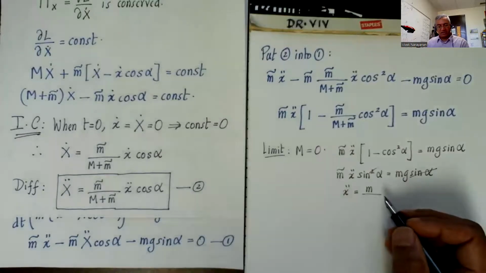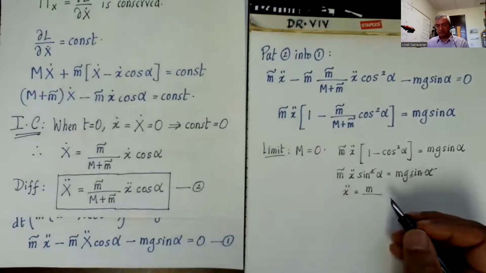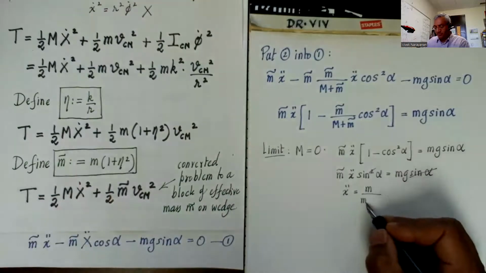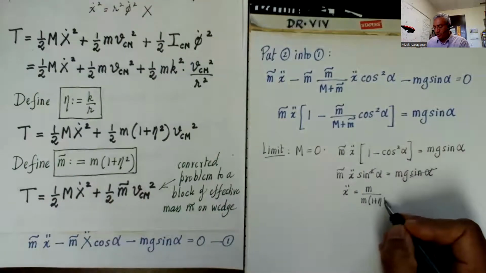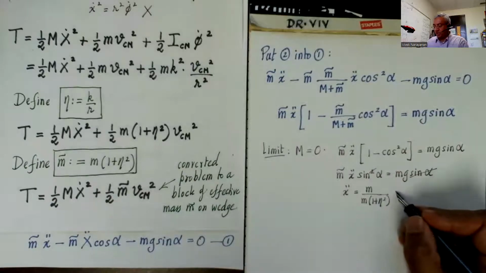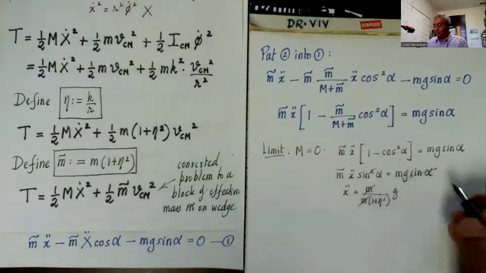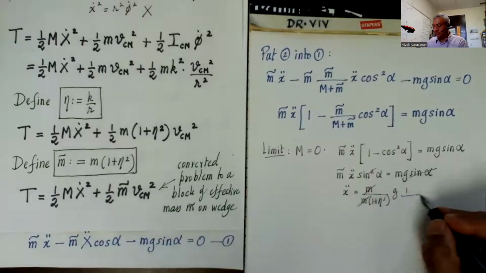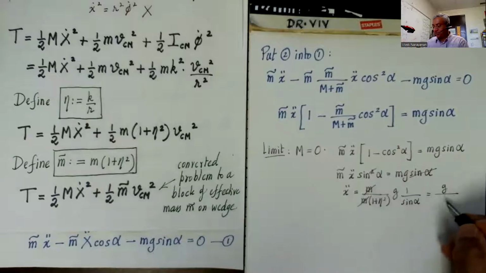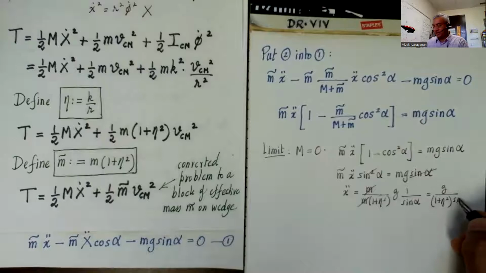Now, remembering what m tilde is, it is m times 1 plus eta squared times g. M cancels out, and then there's also a 1 over sine alpha. So that is g over 1 plus eta squared sine alpha.